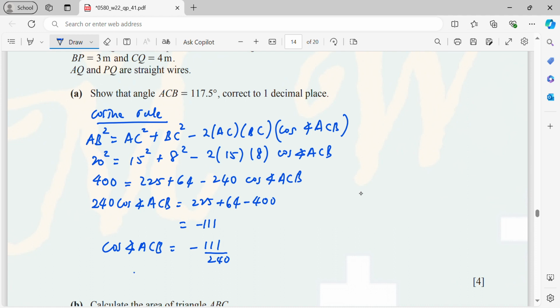Therefore, your angle is inverse cos, or arc cos, of negative 111 over 240. Just press your calculator, you will get 117.5 degrees. So done for the A.